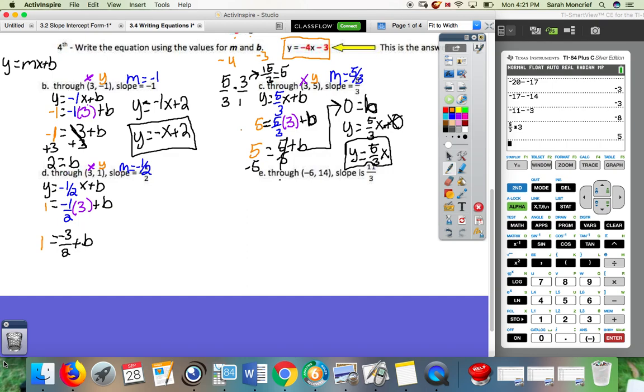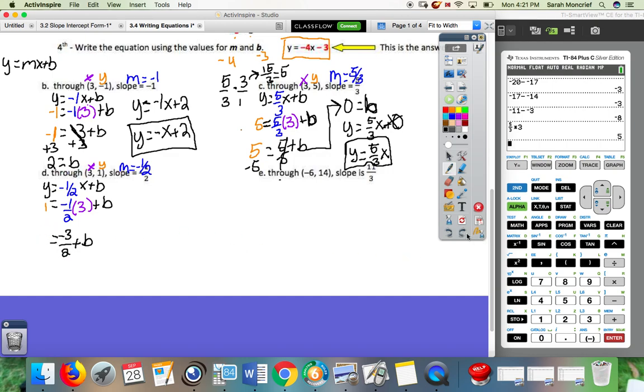Now, we need to figure out a way to move negative 3 over 2 to the other side. We are subtracting 3 over 2 from b, so in order to move it over, we have to add 3 over 2 to both sides.